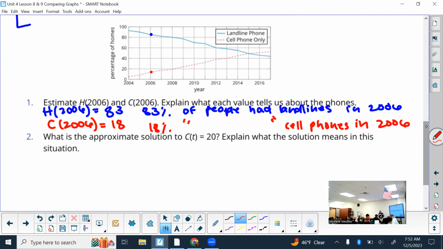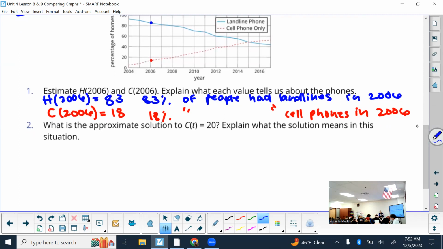Table 5, what'd you get for that? Okay, so notice in this one, class, they did not give us an input, and I know they didn't give us an input because inputs go in the parentheses, right?